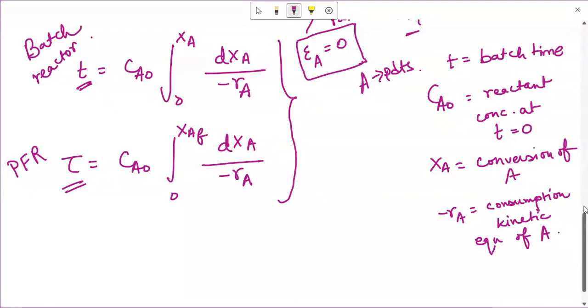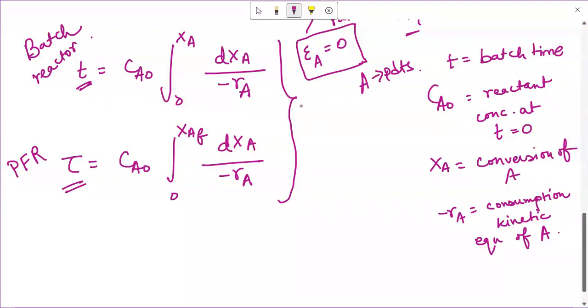That is, they take the same amount of time to process the reaction volume. Therefore, the same volume of these reactors will also be required. Remember that this is considering that it is a constant density system.